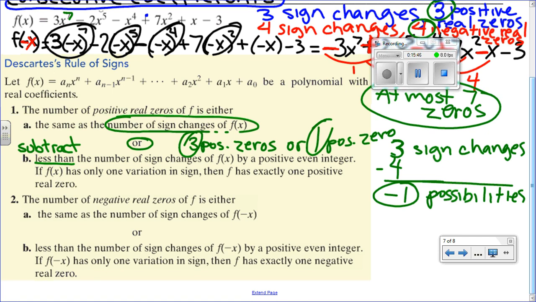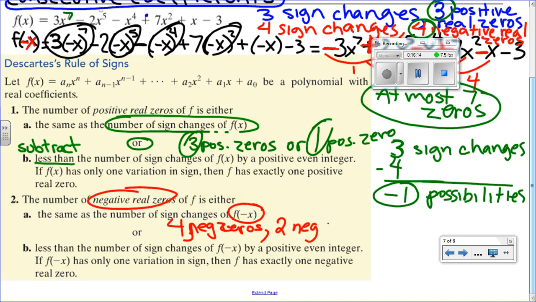So based on this theorem, we could have either the number of sign changes, when we computed f of negative x, which was 4, or we can keep subtracting even integers, so that would be 4 negative zeros, or 2 negative zeros, or if we subtract 2 minus 2, we get 0 negative zeros, which is like none.